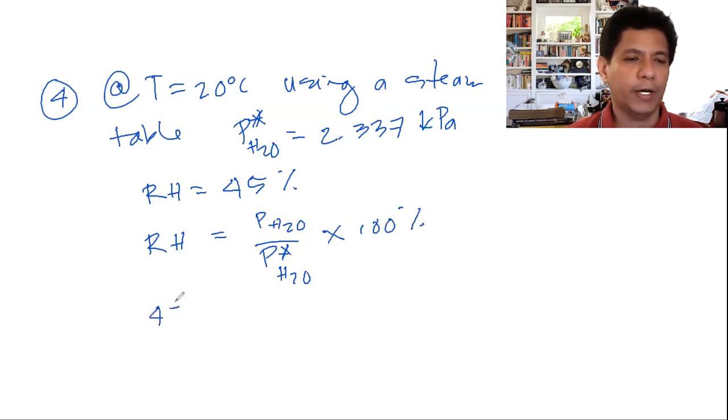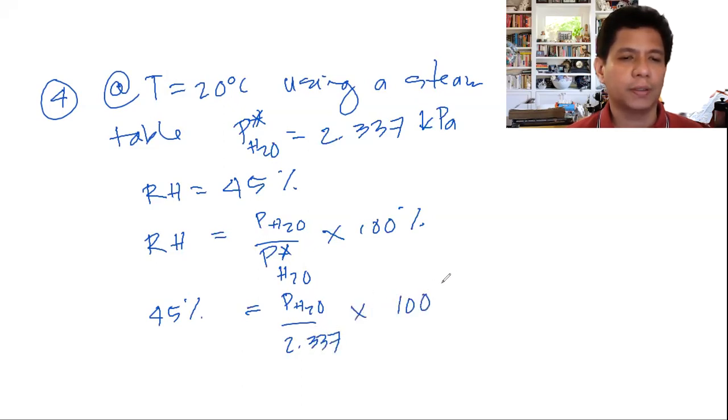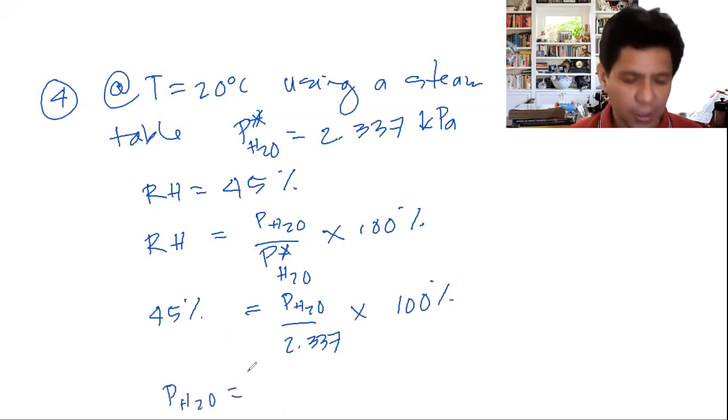So, 45 equals pH2O over P star H2O, which is 2.337, times 100%. Basically, it's 2.337 times 0.45. So, you'll be able to get pH2O equal to 1.05165.